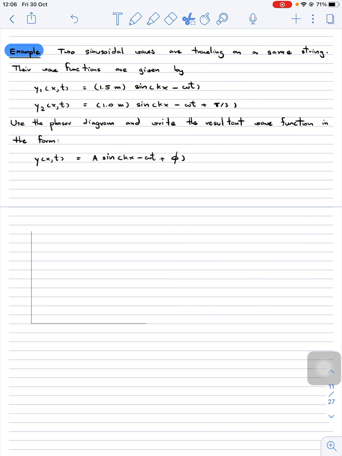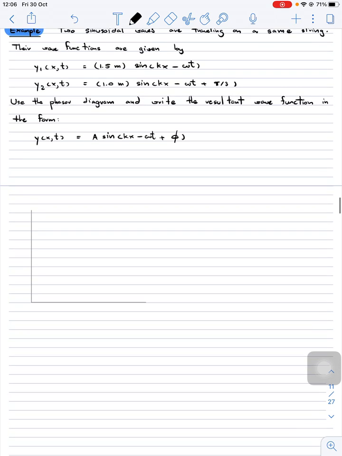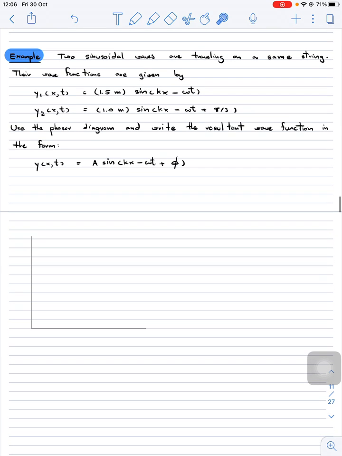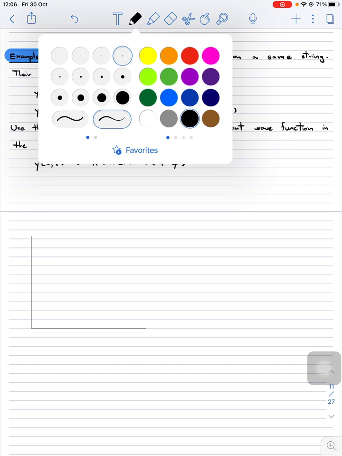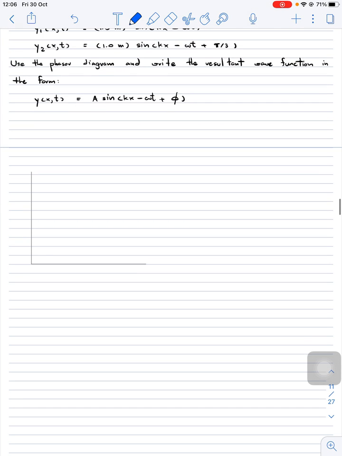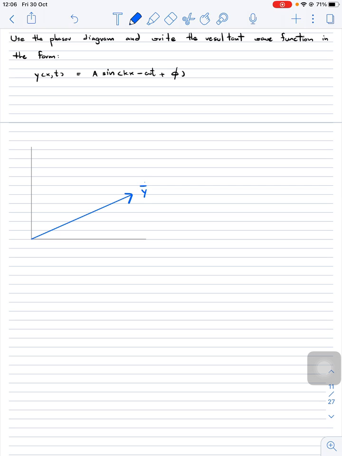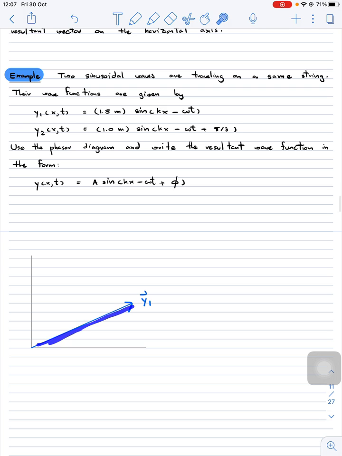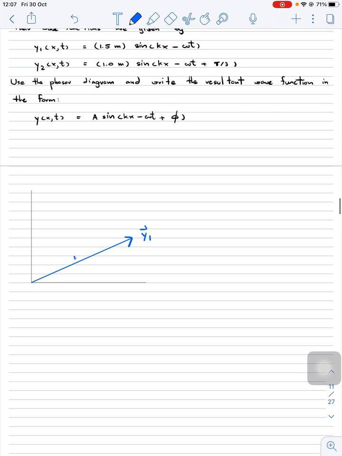Okay, let me do it this way. Let's just leave kx minus omega t first. To write out the vector y1, it's going to point in this direction. Let's assume it's pointing this way. So this is vector y1, and the magnitude of vector y1 is equal to 1.5 meters.